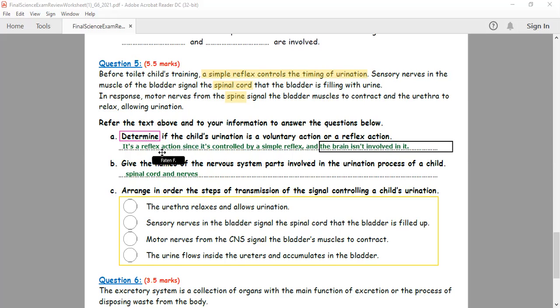Okay, so now, arrange in order the steps of the transmission of the message controlling the child's urination. First of all, the stimulus that starts the whole process is when the bladder is full. The urine flows inside the ureters and accumulates in the bladder.